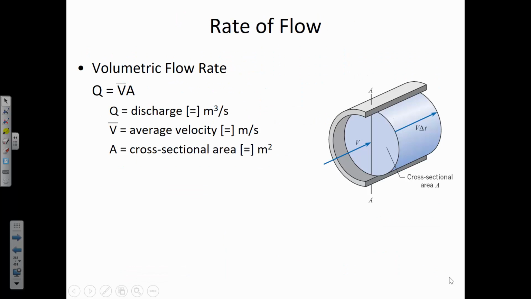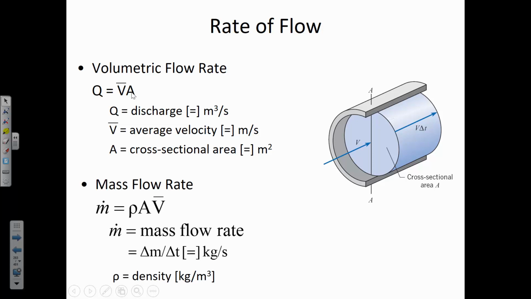All right, the volumetric flow rate is the average flow rate multiplied by the cross-sectional area. And most of the time we'll omit the bar over the V here. That bar means average velocity. And the velocity can change across the cross-section.